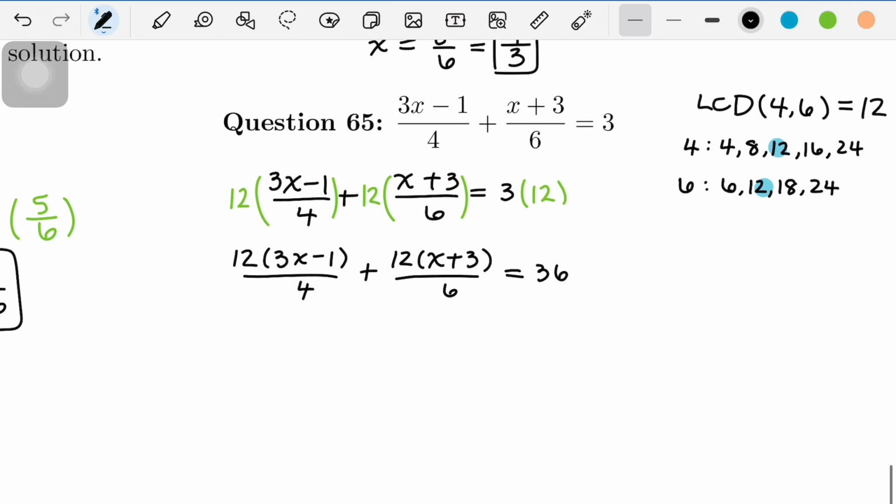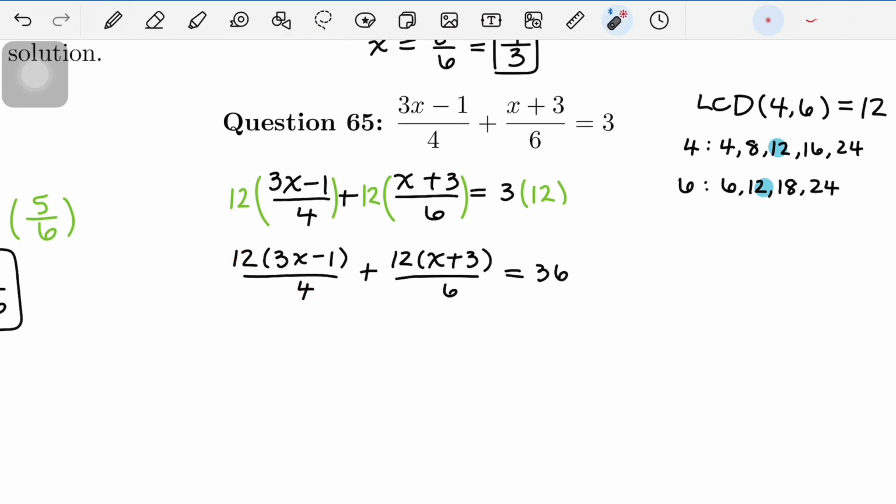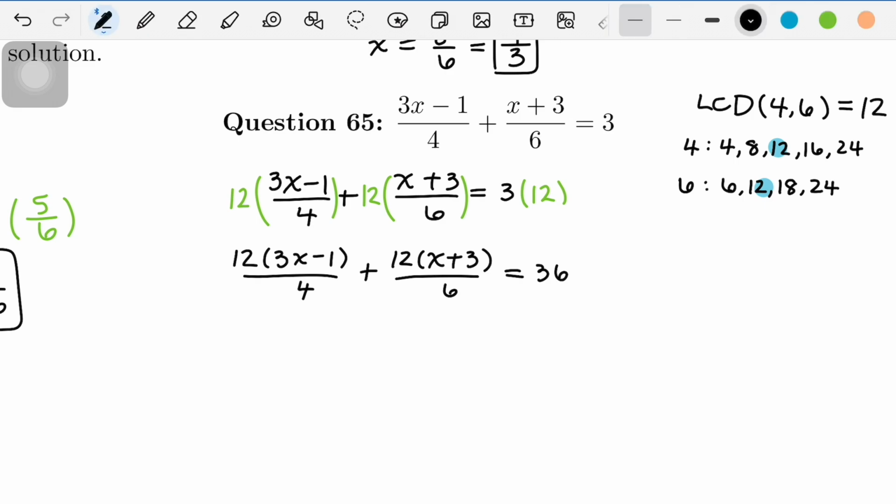Now notice, here we have 12 divided by 4, so we can simplify that right away. This is just going to be 3 times 3x minus 1, doing 12 divided by 4. And then for our second term here, using the same logic, we just have 12 divided by 6, which gives us 2 times x plus 3. And so right away, this question becomes much simpler than what we started with.